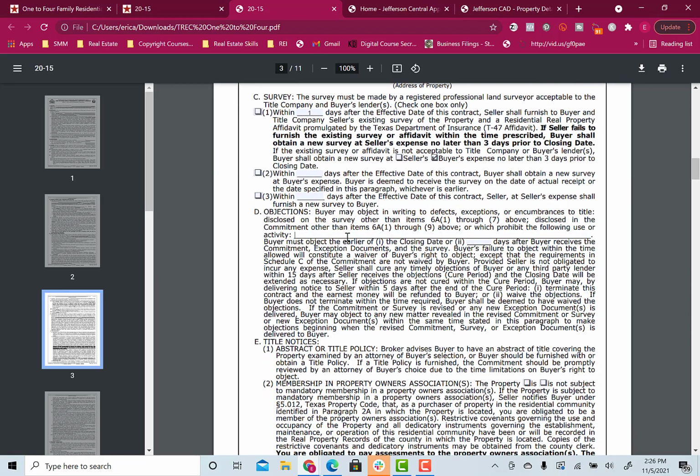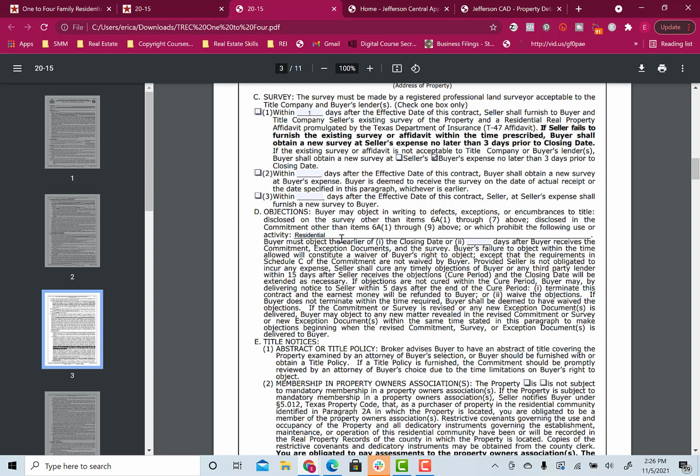Here is where if you plan on using it for residential activity, then you would put residential here. And or if you're planning on doing a buy and hold, or you were thinking about subdividing it, some HOAs do not allow you to lease for short periods of time if you're thinking of Airbnb-ing it.